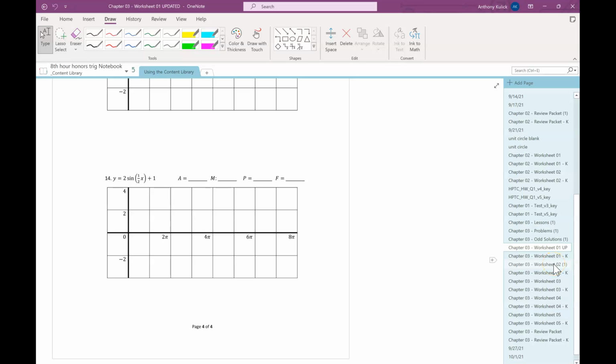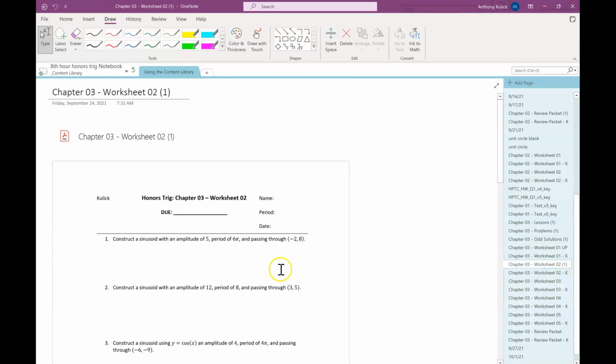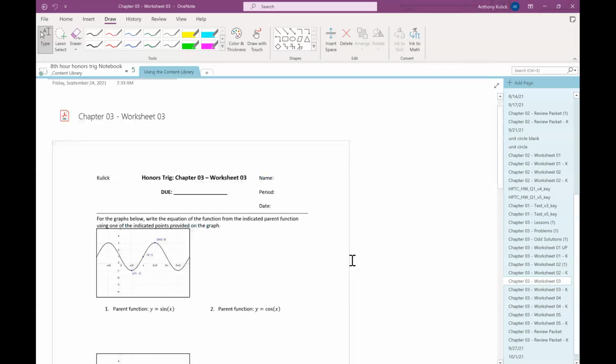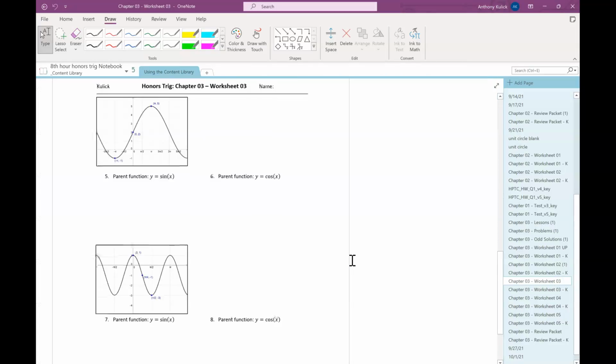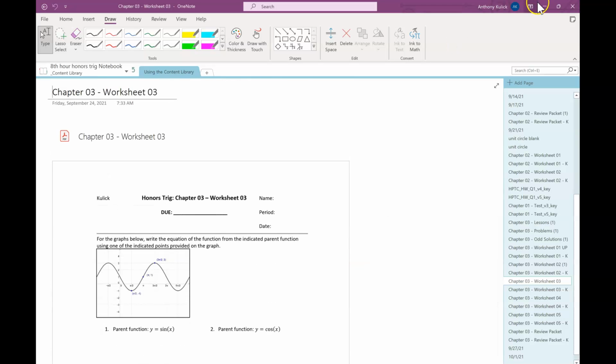Next time we'll do another example of going from graph to equation, and then talk about going from a description to an equation. You can work on worksheets 2 and 3. And I have some book problems that correspond to that stuff that I'll assign also.